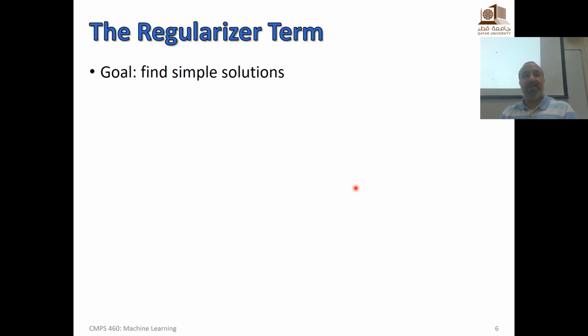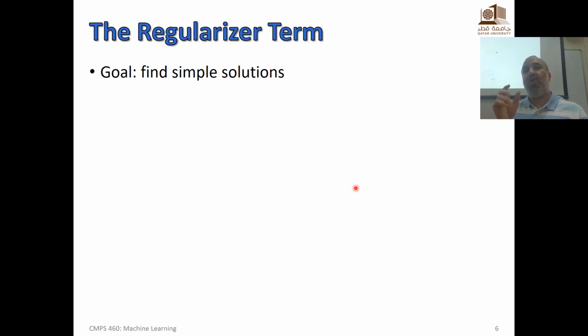Now, the goal of the regularizer term is to find simple solutions. Now, let's think in terms of a linear model. What can represent a simple solution? In a linear model, we have a linear combination of the feature values, right? Each feature has a weight. So we multiply the weight for the feature times the value and sum over all the features. A simple model, we can think of it that way.